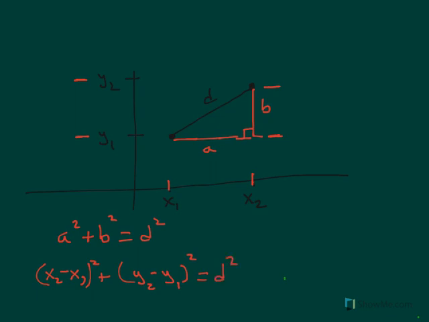And if you want to get d by itself, then you could just go ahead and square root both sides. So we can take the square root of the right side, take the square root of the left side, and that is going to be our distance formula.